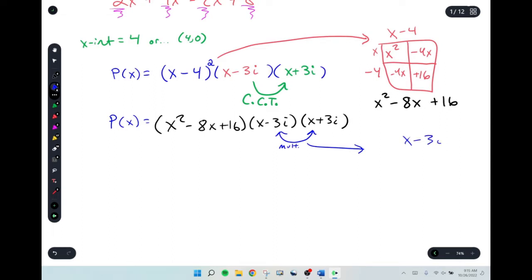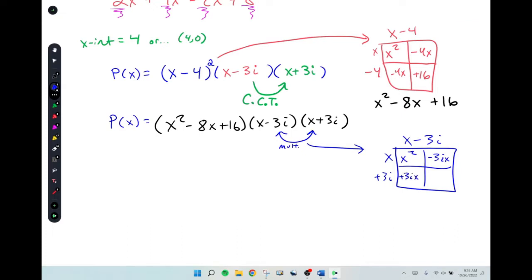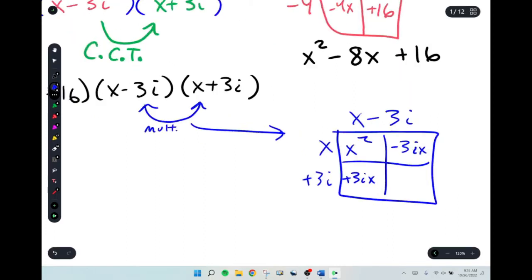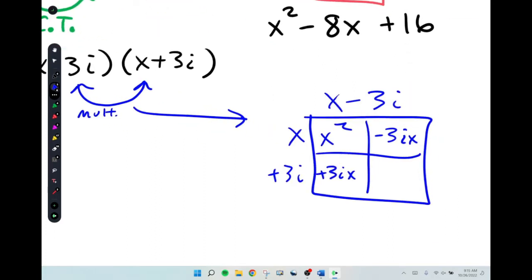X minus 3i. If you like FOIL better than the box method, feel free. I just do the box method often because I think it's the easiest to visualize. Minus 3ix. Oh, plus 3ix. That's awesome. I can see those diagonals are going to cancel. And then negative, I should put this negative closer so you can see it.